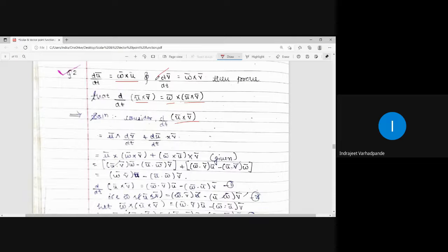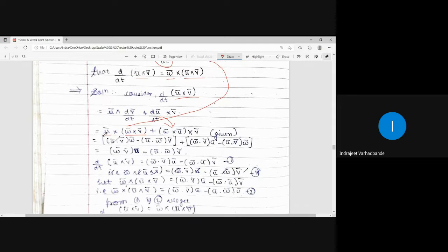But what is dv by dt given to you? dv by dt is given to you as omega cross v. du by dt is given to you as omega cross u bar. So accordingly I am getting here u bar cross omega cross v, plus omega cross u cross v, because this is given.